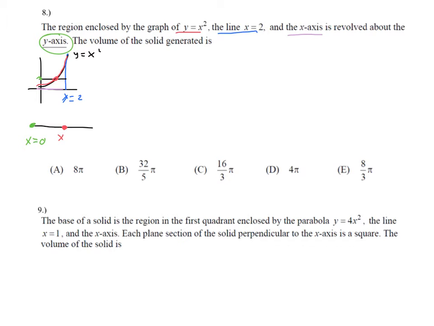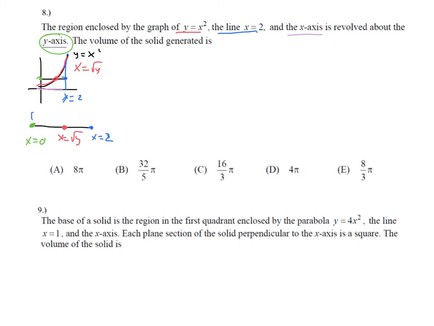I need to know that x value in order to find the distance between them. So if y is equal to x squared, well then x is equal to the square root of y. And then we have the blue point. And that x value is equal to 2.